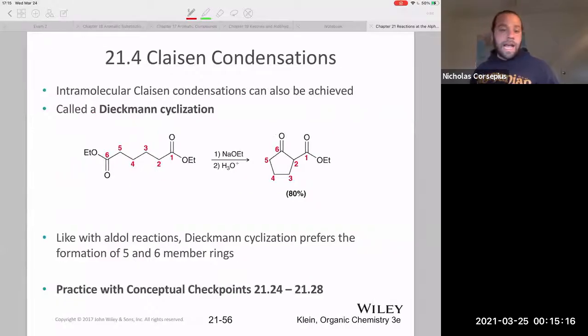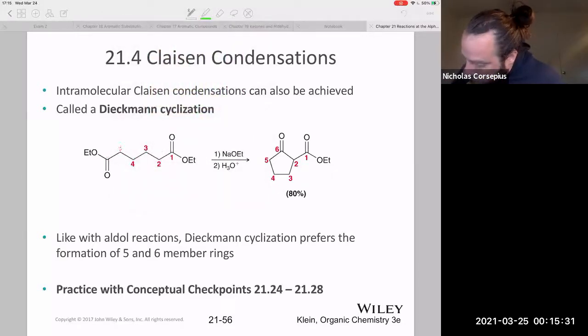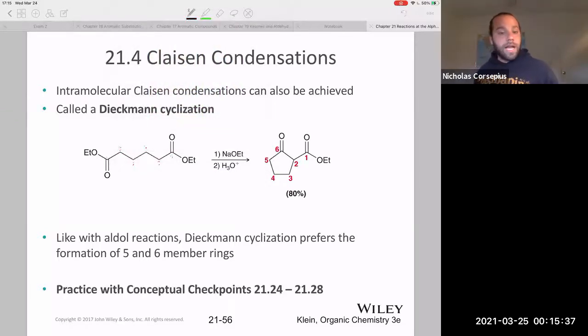And just like before, we can have intramolecular Claisen condensations, which for some reason are called Dieckmann cyclizations. Again, what you're going to be looking for, I actually hate this numbering on this slide, because what you're really looking for to see if you're going to have an intramolecular reaction is if there's an alpha carbon that's located 1, 2, 3, 4, 5, or 6 carbons away from the carbonyl carbon.